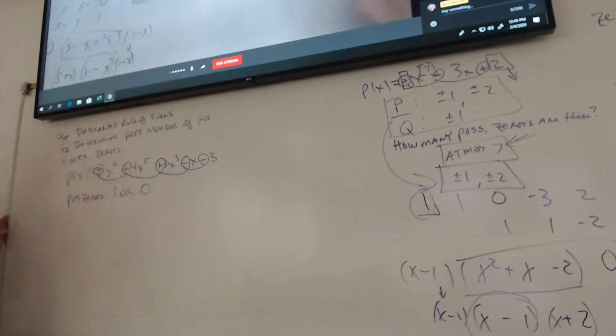Okay? Now let's go with the negative zeros. According to Descartes' rule of signs, what do I have to do now? P of negative x. I need to find P of negative x.